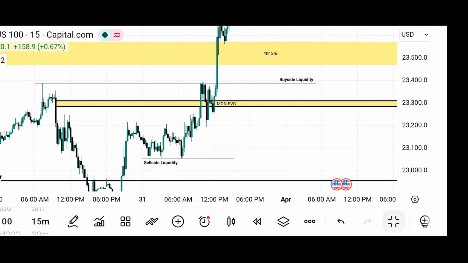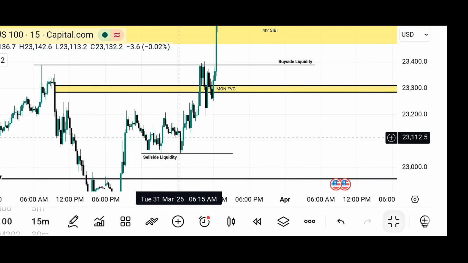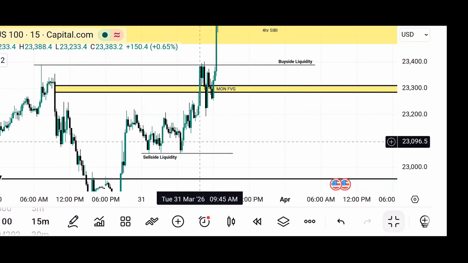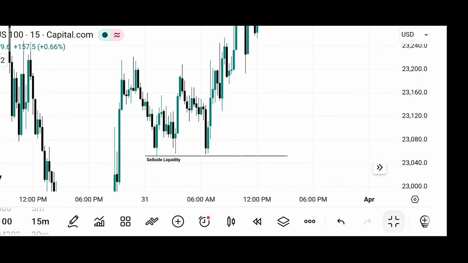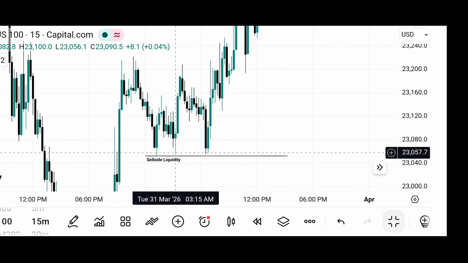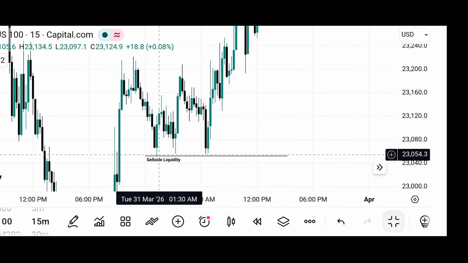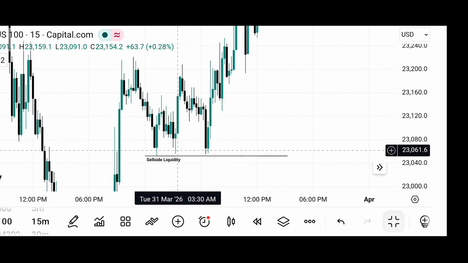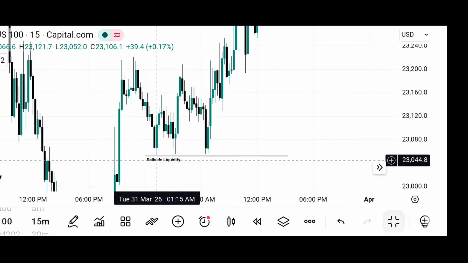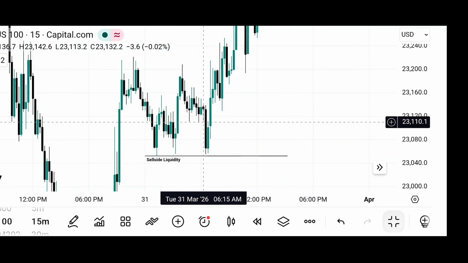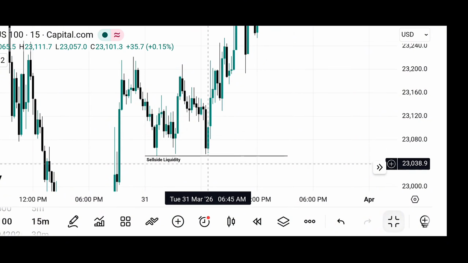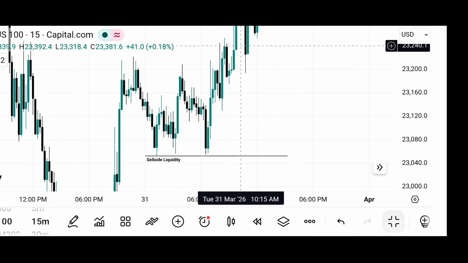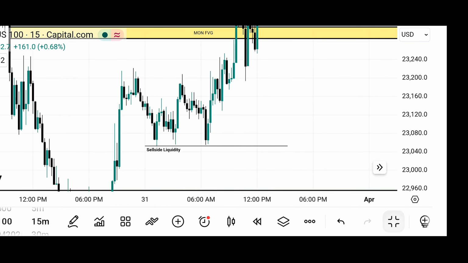So this was what brought about the whole rally up in price. So if you notice something, okay, there is a low here and there is another low right here. Okay, these are relative equal lows. But price didn't trade below these relative equal lows to take out sell side liquidity before this rally up in price.